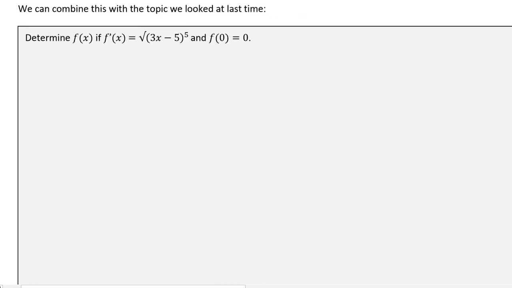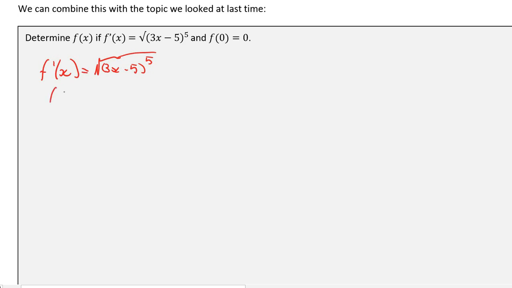So determine f of x if f dash of x equals the square root of 3x minus 5 to the power of 5, and we know that the original function passes through the origin. Okay, so f dash of x equals the square root of 3x minus 5 to the power of 5.